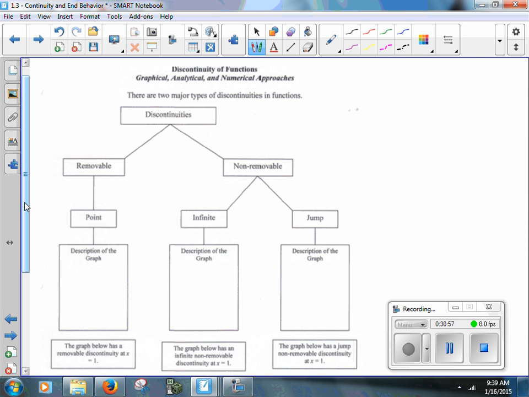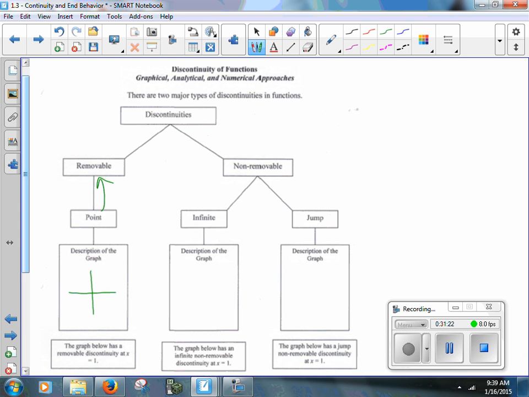Look, you've got two types of discontinuities. You've got removable and you've got non-removable. Removable is point discontinuity, which is why we called it removable. Do you remember what picture that was? It was the very first one. Describe that graph.